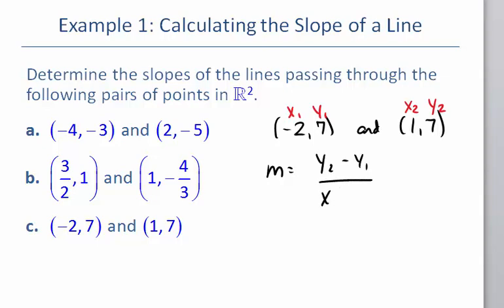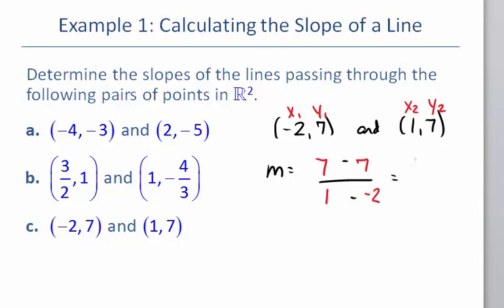And then we will plug into our formula for slope. In place of the y2, we'll put a 7. In place of the y1, we'll put a 7. In place of the x2, we'll enter a 1. And in place of the x1, we'll enter a -2.